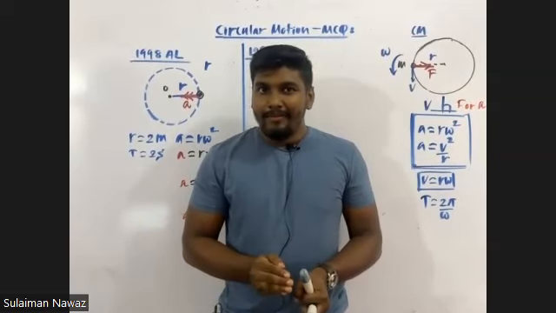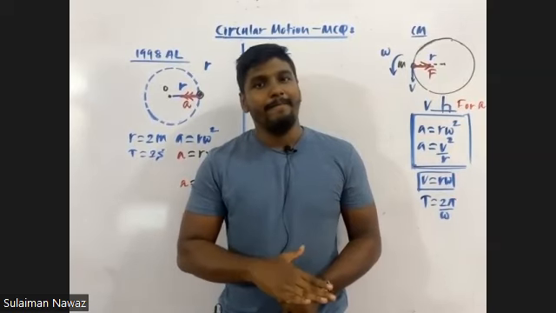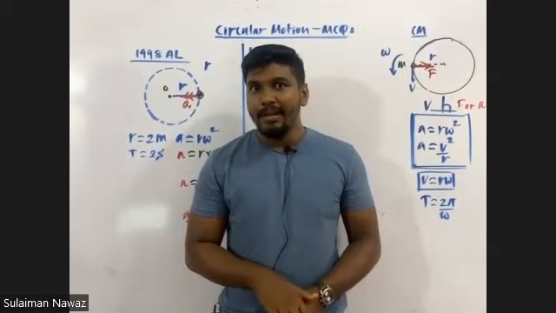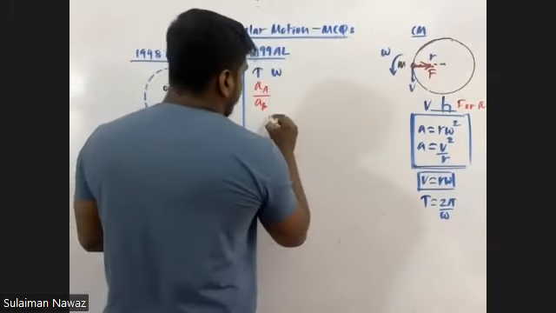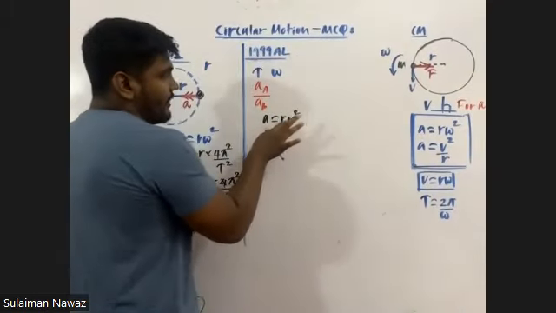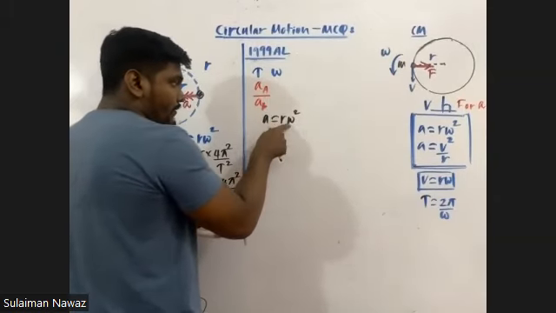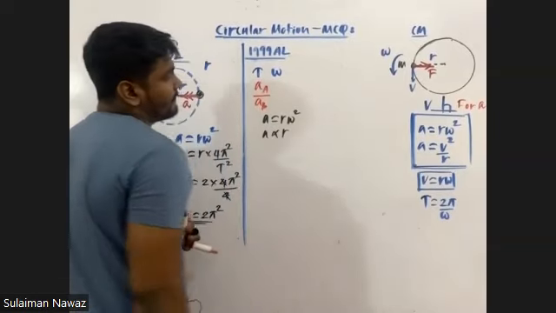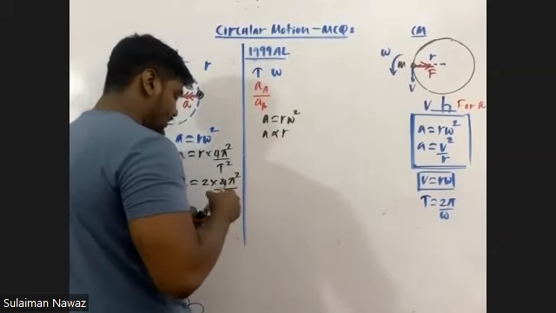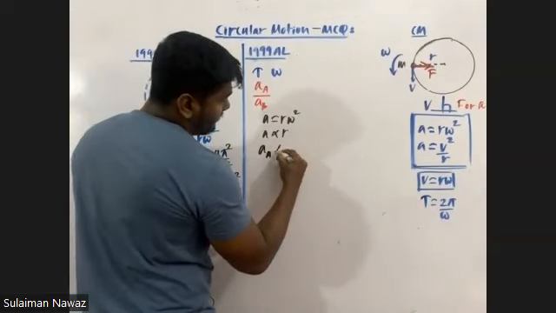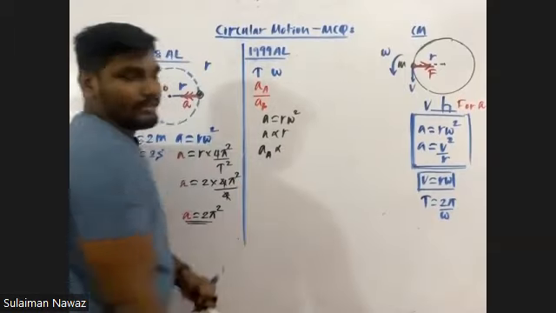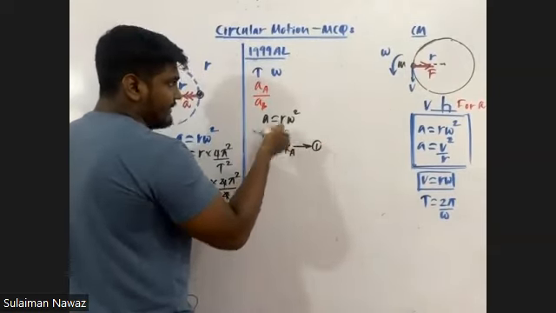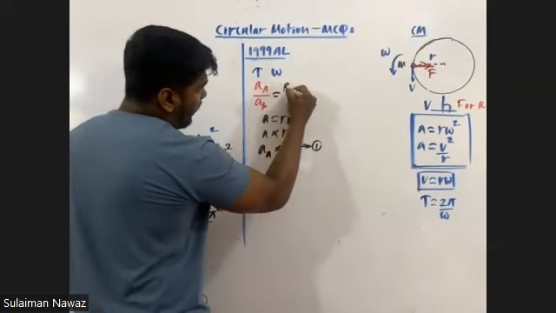Therefore the angular velocity of particle A and particle B are both the same. We know that omega is the same for both particles, so we can directly say centripetal acceleration is directly proportional to radius. The centripetal acceleration of particle A is directly proportional to the radius of its circular path RA.